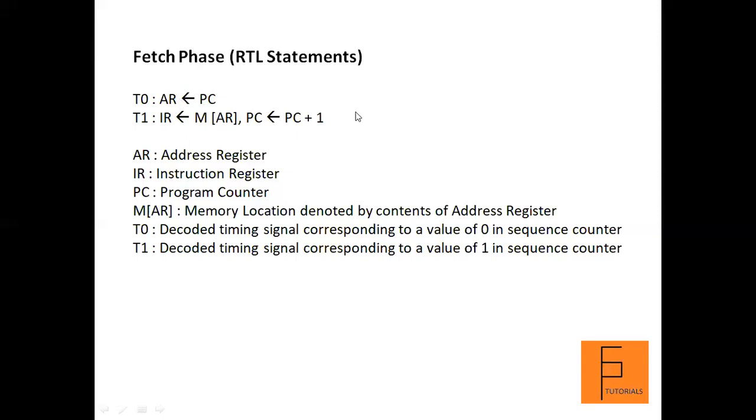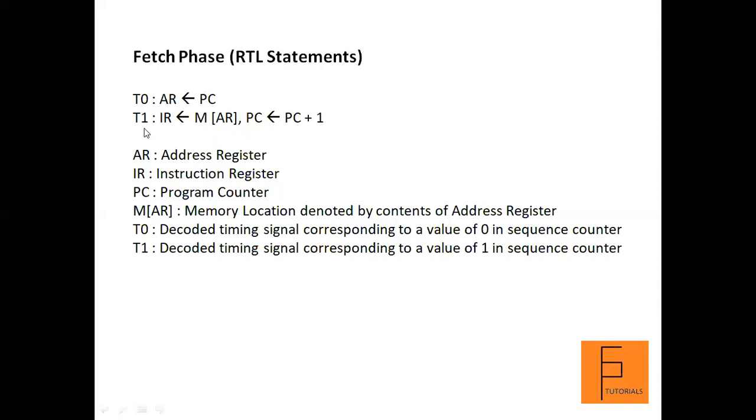Here T0 denotes a clock cycle and T1 denotes the second clock cycle. So T0 is my first clock cycle and T1 denotes my second clock cycle. In the first clock cycle, in the fetch phase, we take the content of the program counter and store it in the address register.